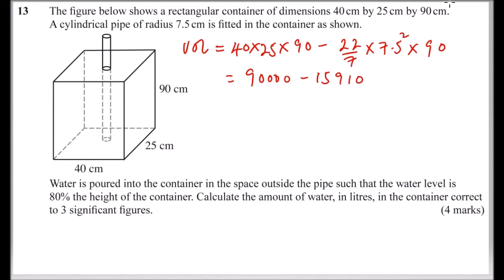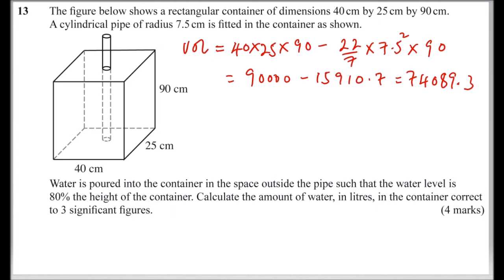We can put one decimal place, and when you subtract that using your calculator, you get 74,089.3. Now that is the volume of the tank when we take away the volume of the pipe.